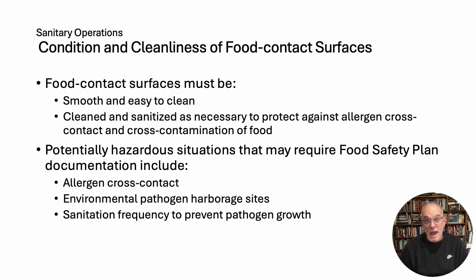They can be cleaned and sanitized in a way to prevent cross-contamination and cross-contact. It's important that we know our cleaning processes achieve a total removal of allergenic proteins and a reduction of pathogenic organisms during the cleaning process too, if need be.